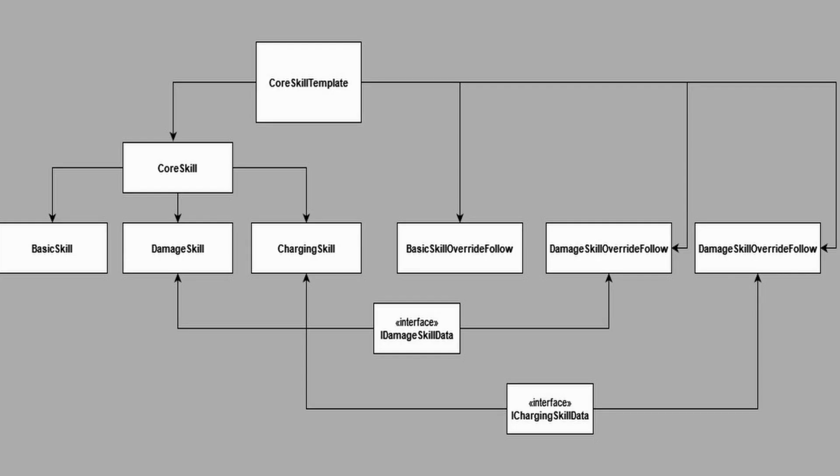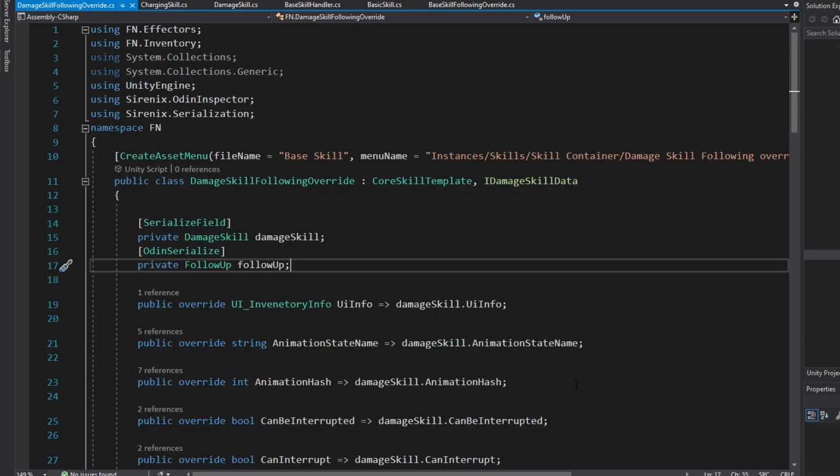Here's a diagram showing the class's structure. To summarize, skills are just data containers on how each animation operates, and inside of them they have events that hold specific data that is needed for the logic to perform that event.